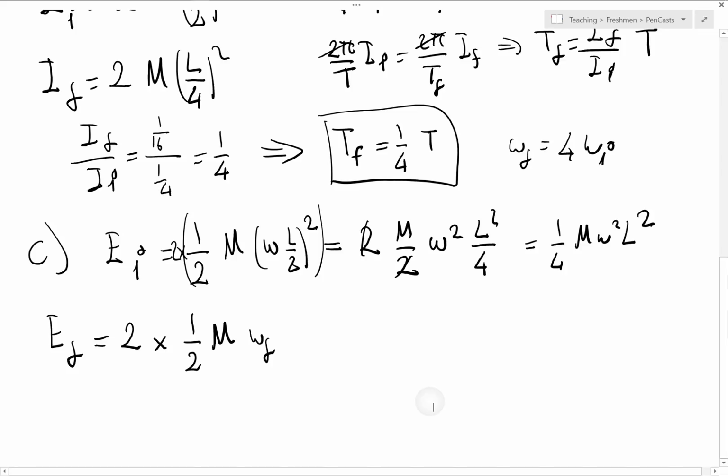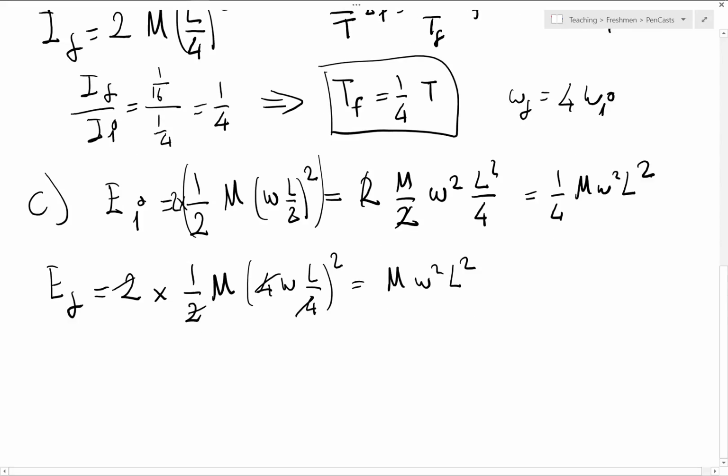So this is going to be 4 omega, but I'm at distance L over 4, squared. The factors cancel, and this gives me m omega squared L squared.